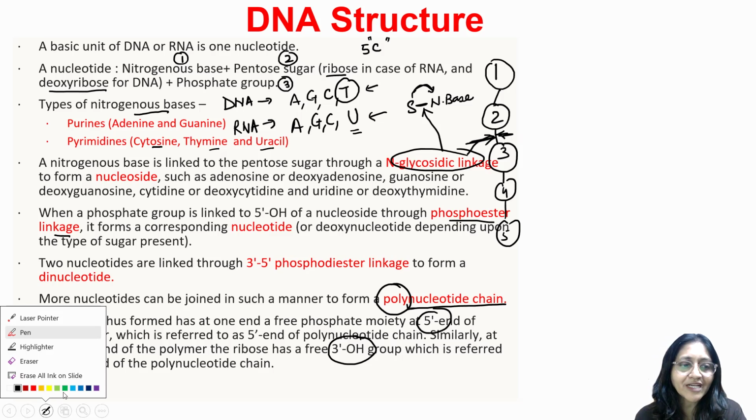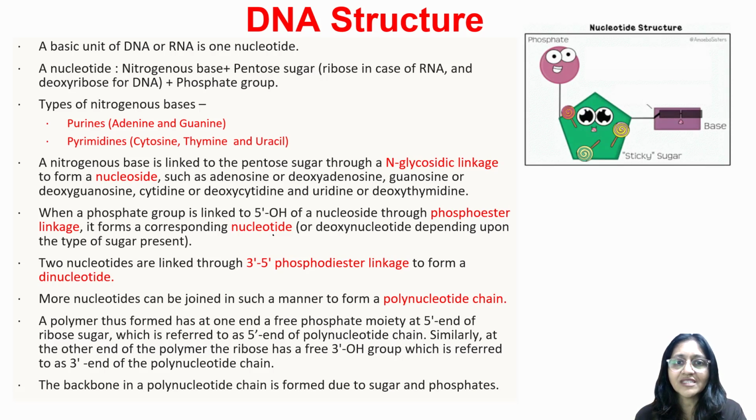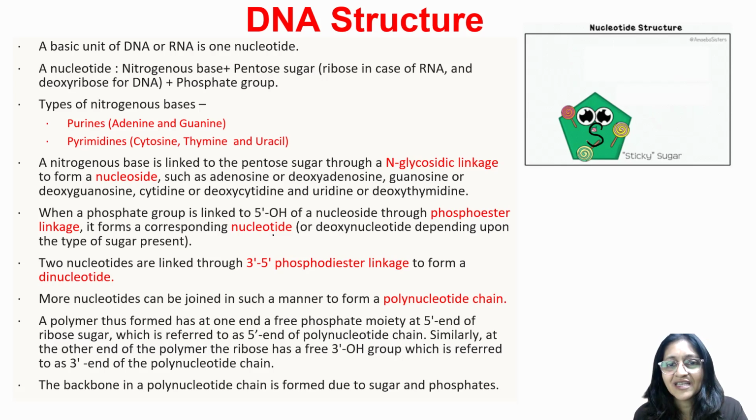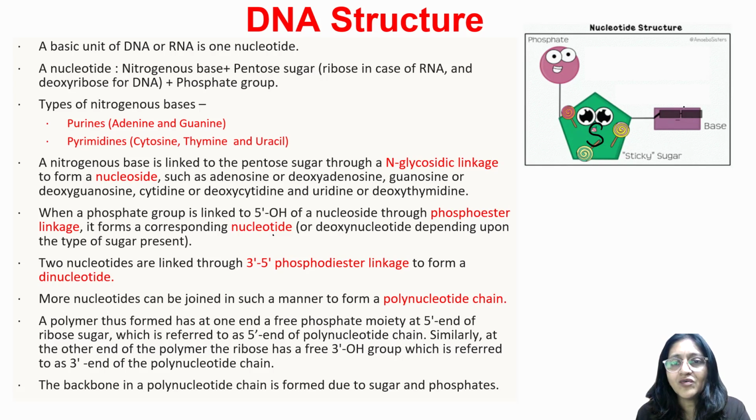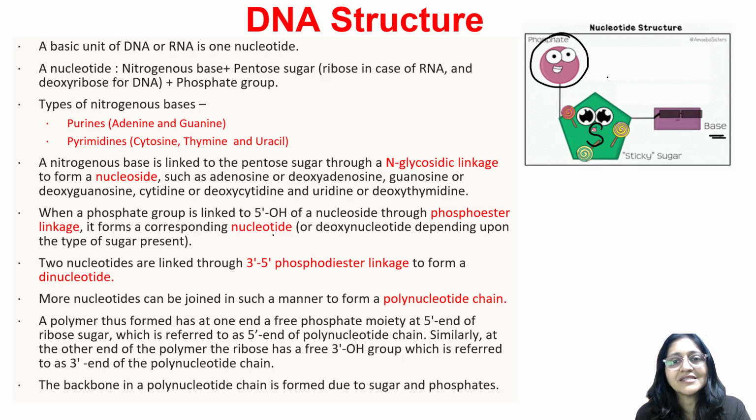First, before that, we will talk about the nucleotide. So what is a nucleotide? As you can see here, it has three parts. As I had mentioned, this is a simplified form of a nucleotide. You have a sugar, you have a base, and then a phosphate group is hanging over here, right? Now, when I say this is a 5-carbon sugar, that means you have 5 carbons over here.